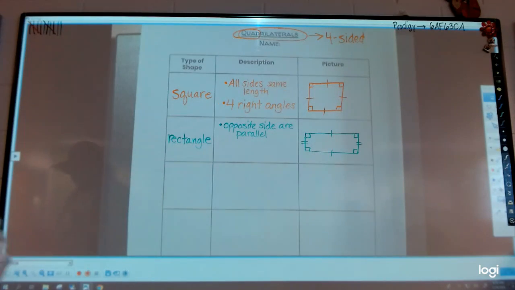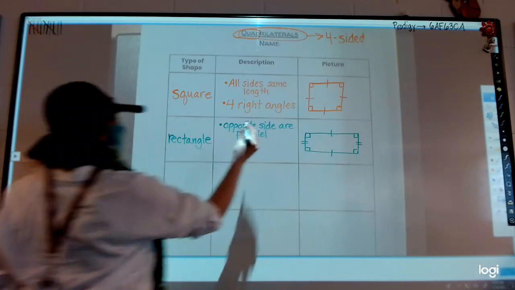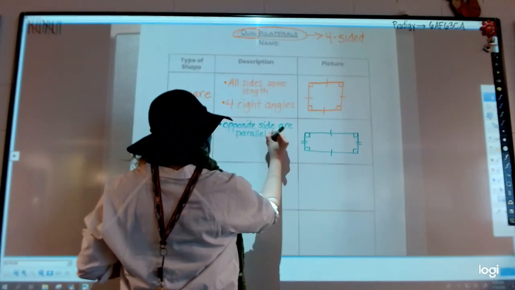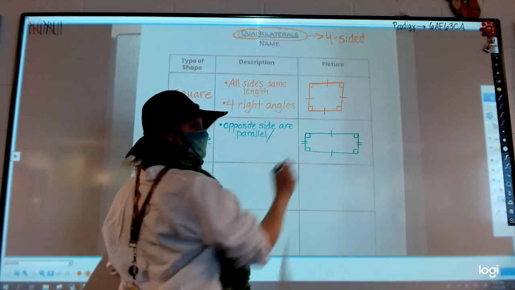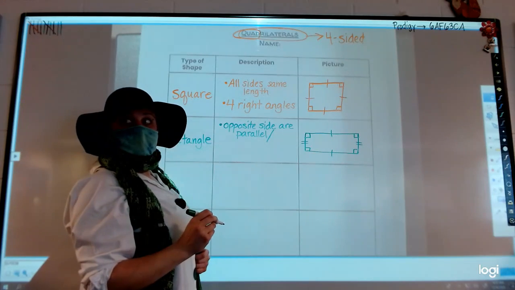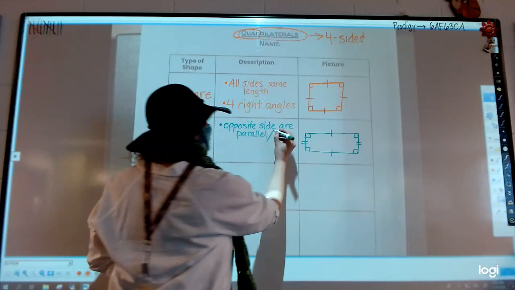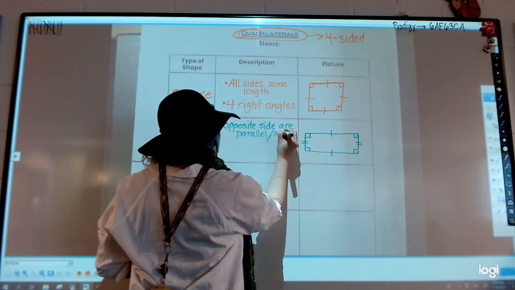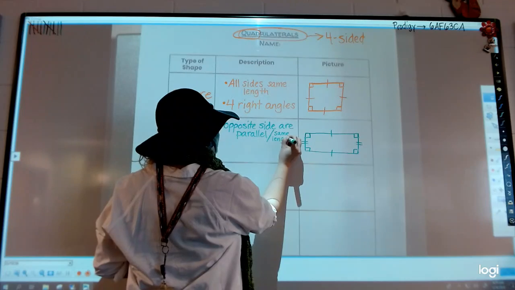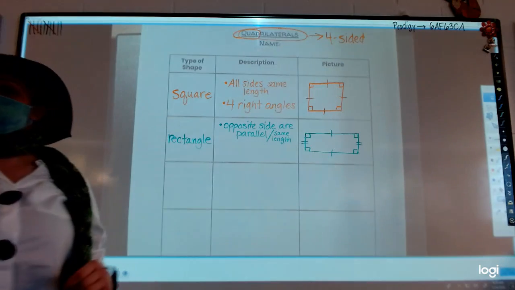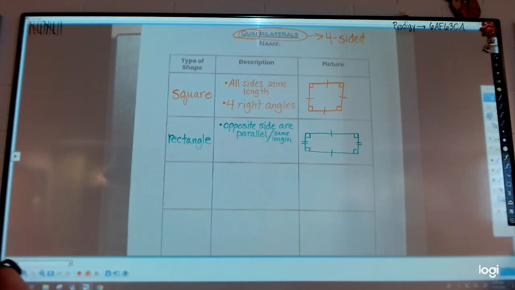And another thing we need to know, I'm going to put a slash. I'm trying to make this short for you. So opposite sides are parallel and, are they the same length? Opposite sides? Yes. Parallel, and you can just put same length. Okay, we're not turning this in. These are just your notes so that you can study and have a good reference sheet when you do your work.